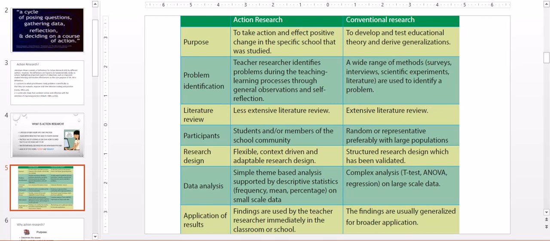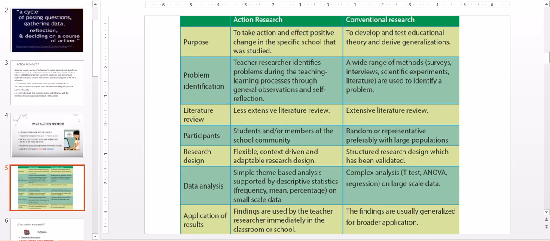The literature review will not be so huge or extensive in action research, because there will be quite a smaller number and the focus will be different. Whereas in conventional research, the literature review is very extensive.